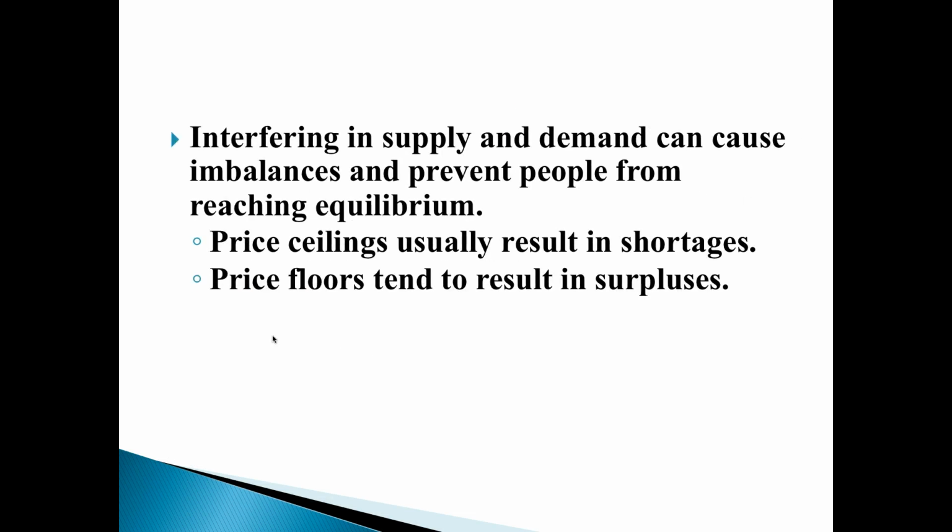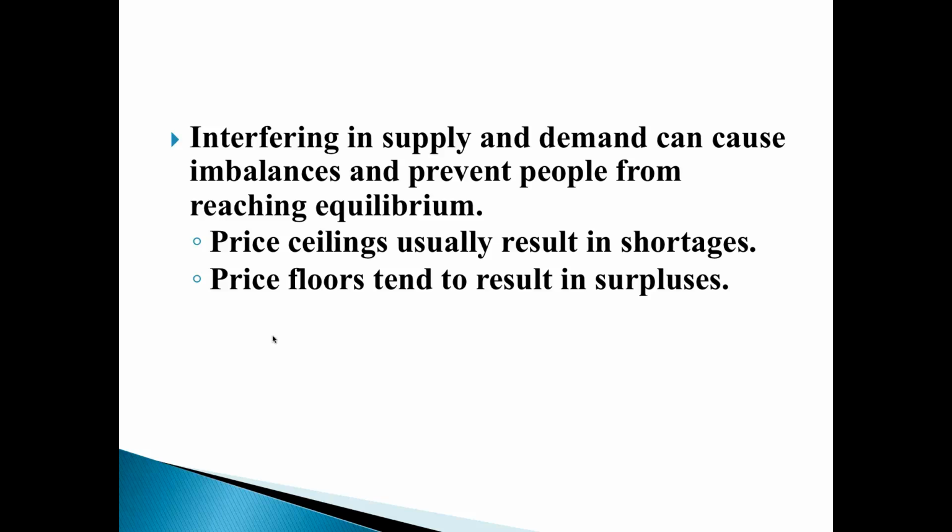All right, so interfering in supply and demand can cause imbalances and prevent people from reaching equilibrium. Price ceilings usually result in shortages. We talked about how rent control is an example of a price ceiling, and what rent control does is usually create a shortage of apartments, because these landlords can't charge as much as they would like for rent, so they just don't rent out the apartments, and it creates a shortage of apartments.